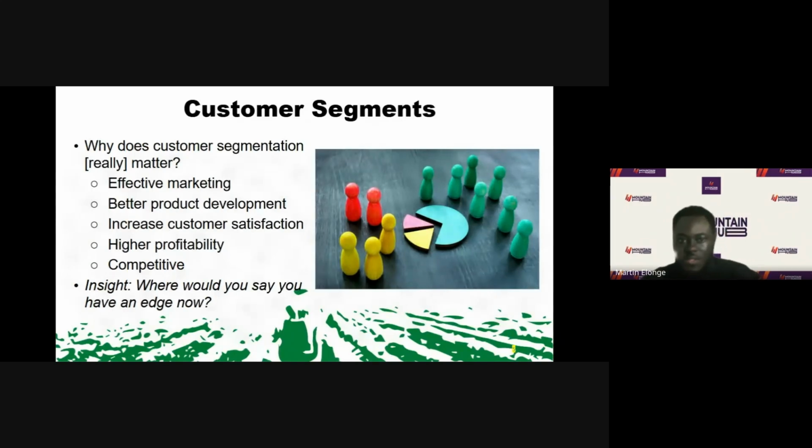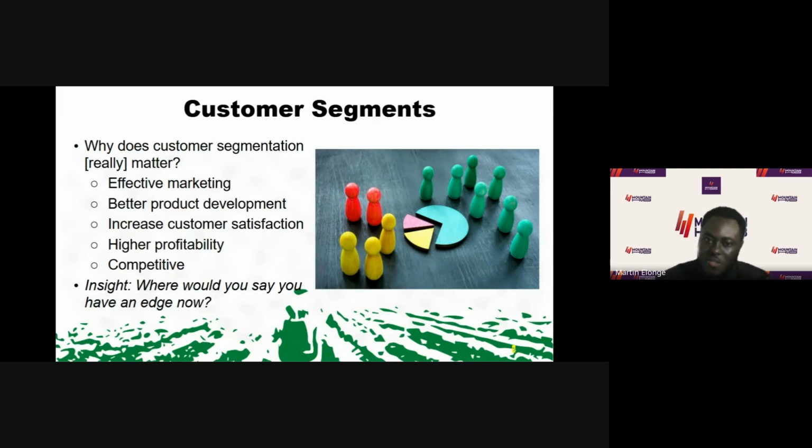The next we want to look at is increased customer satisfaction. When we're able to understand who our customer is, then we're able to provide them tailored communication, which increases their satisfaction, because we're giving them what they expect us to communicate about and how they would like us to communicate with them.